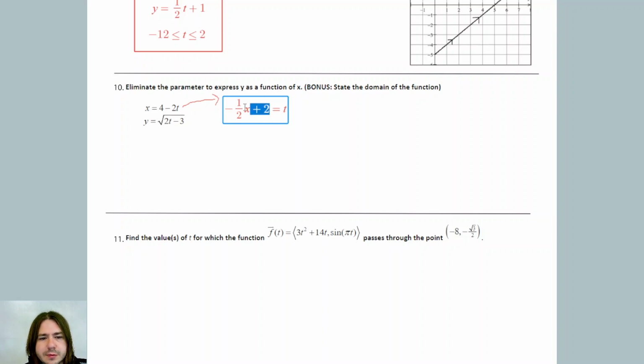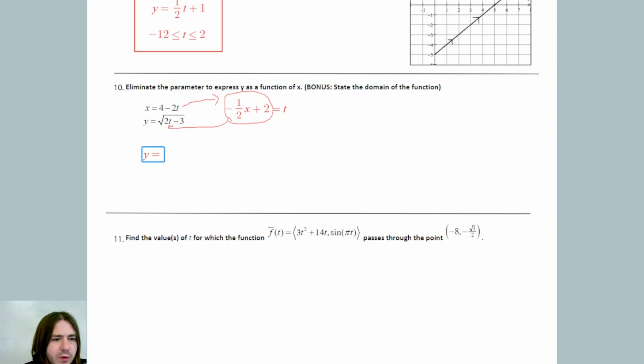So we're going to substitute this into t for the y equation. So y, like this whole thing right here, we're going to put right here.